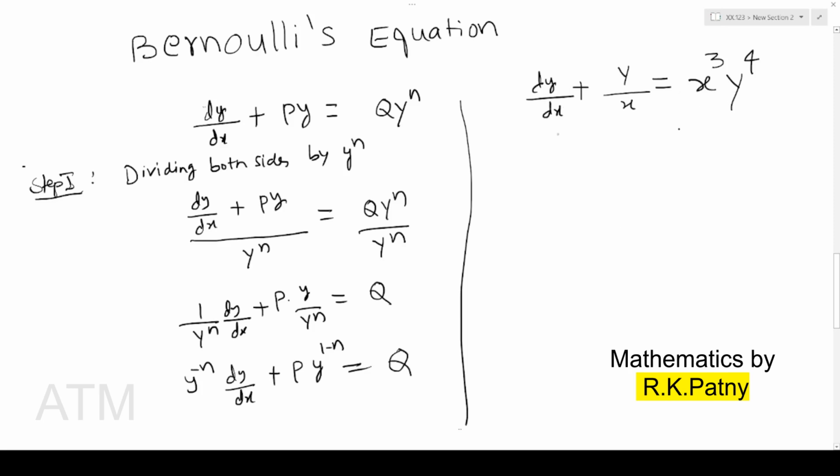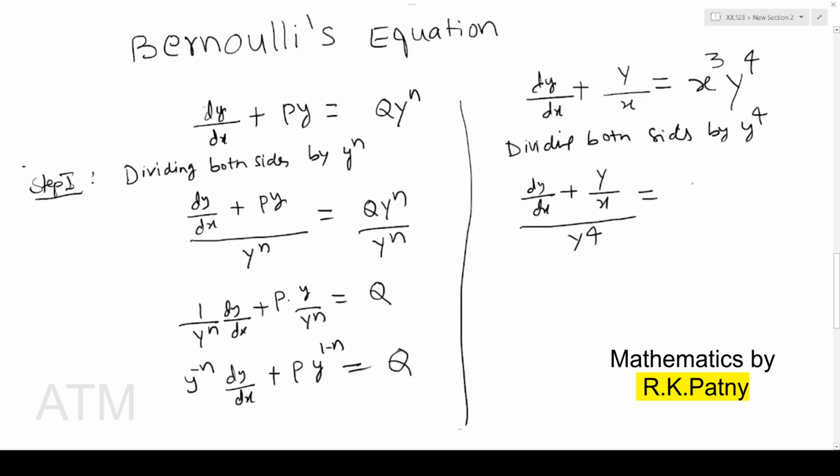Now, in this practical example, what is y raised to n? Y raised to 4. Therefore, dividing both sides by y raised to 4. So, dy by dx plus y upon x divided by y raised to 4 equals x cube y raised to 4 upon y raised to 4.